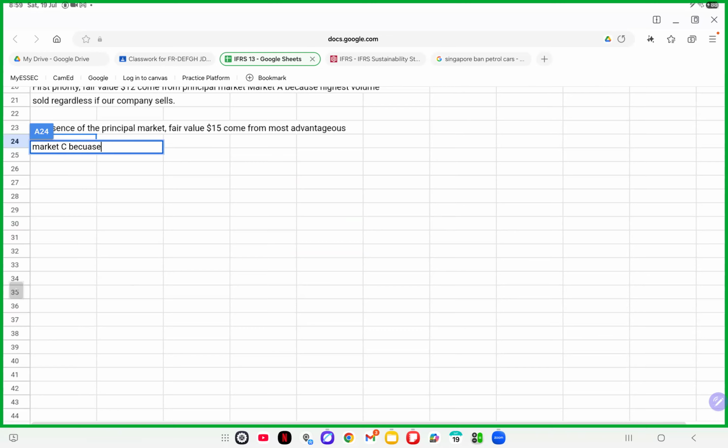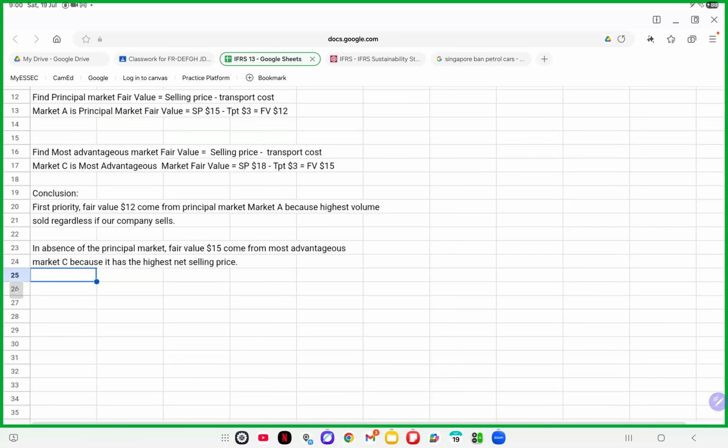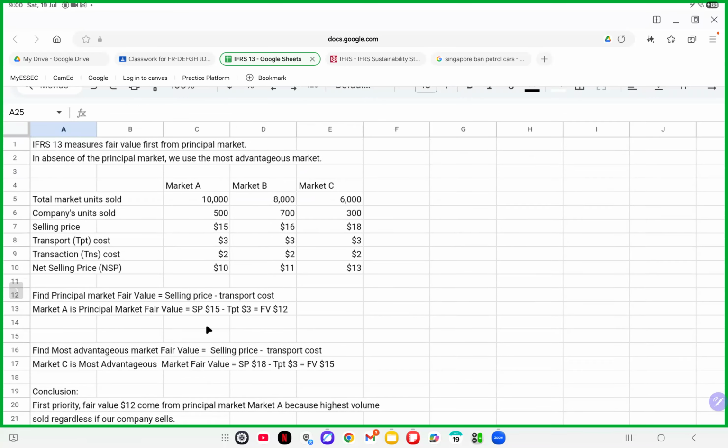Because this market has the highest net selling price. So the market with the highest net selling price will become the most advantageous market. Which is the first priority? Principal. When you are not able to access the principal market, then the most advantageous market is the one that is important.